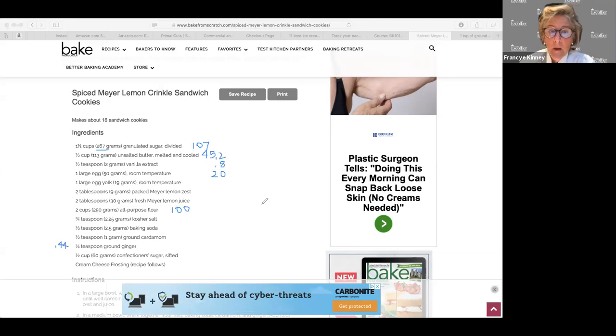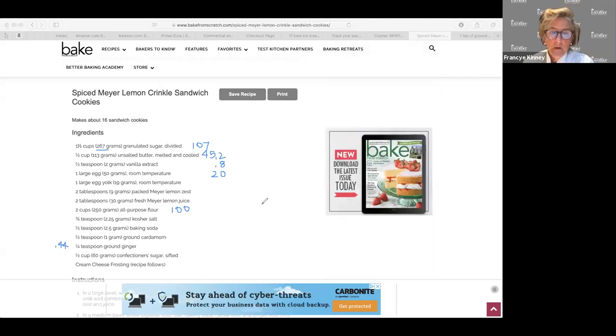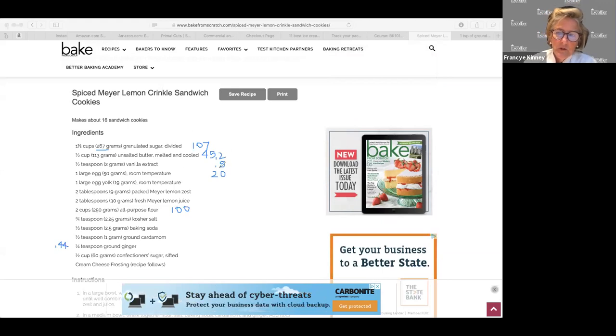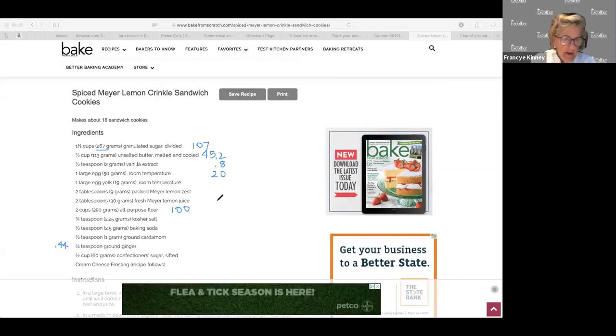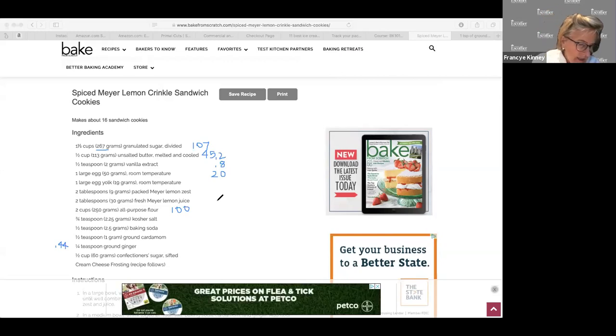I'll post this in the class chat too, but it obviously won't post with these corrections. So even if you just write the ingredients and the percentages next to them, you can add that if you'd like.